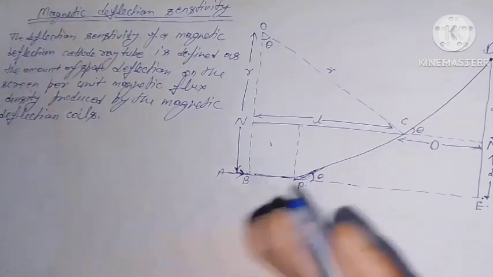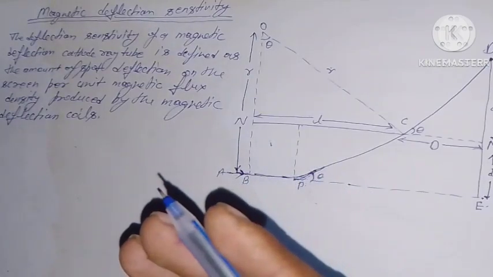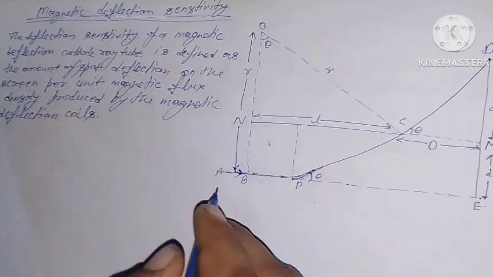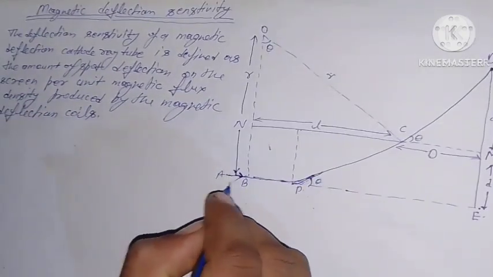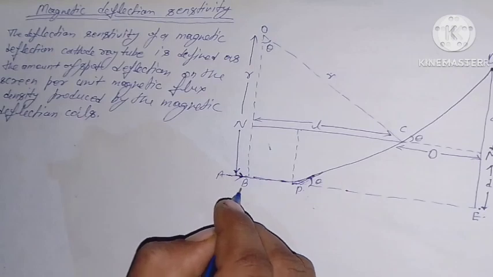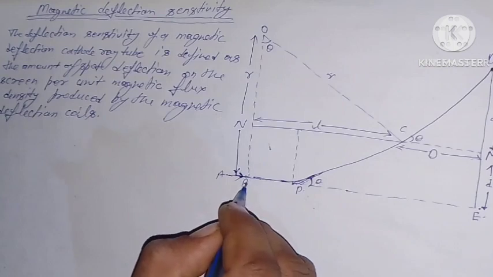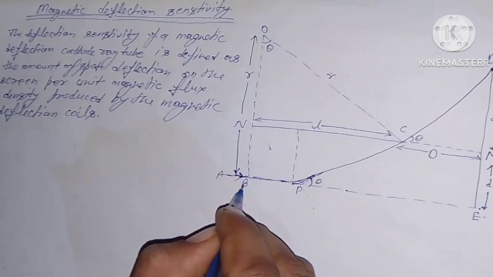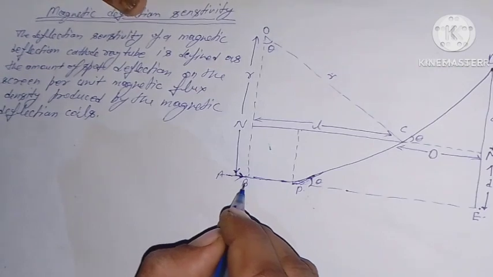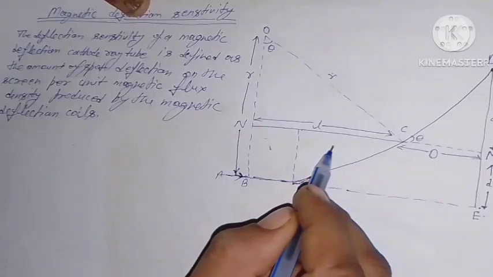To calculate the expression for magnetic deflection sensitivity, consider an electron beam AB coming from the electron gun, acted upon by a uniform magnetic field of flux density B over a length L of its path.